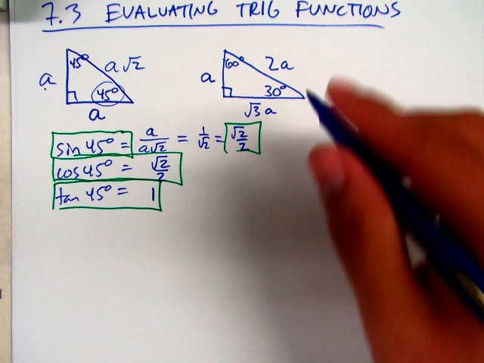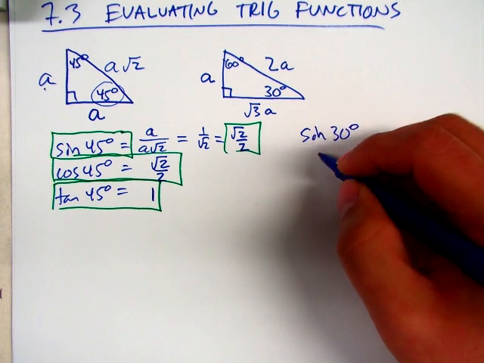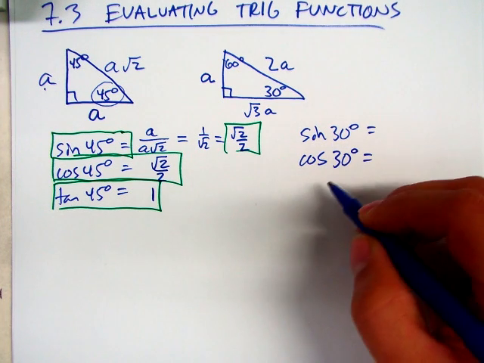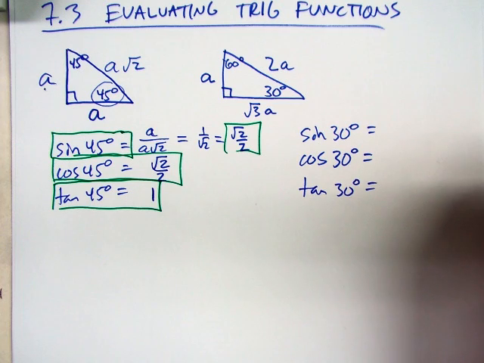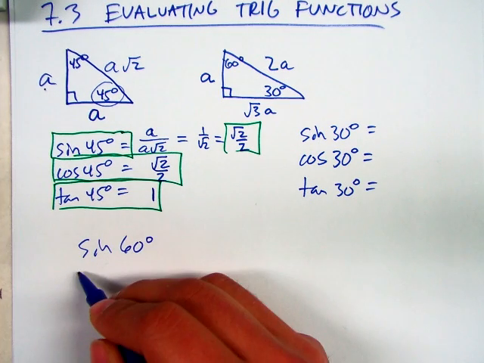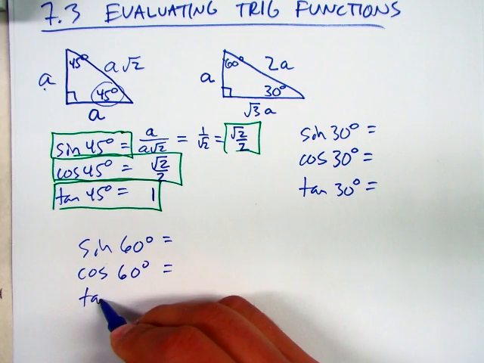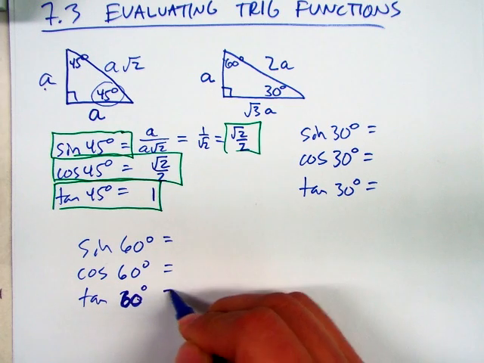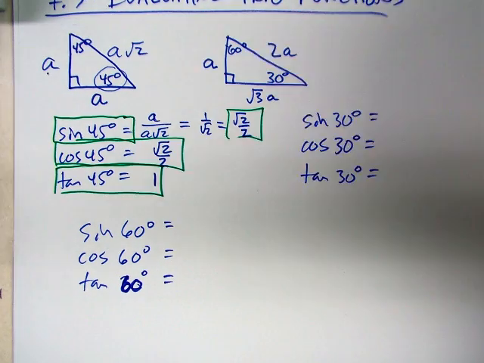So I'm looking for sine 30, cosine 30, tangent 30, and then 60. So all we're looking at is 45s, 30s, and 60s.